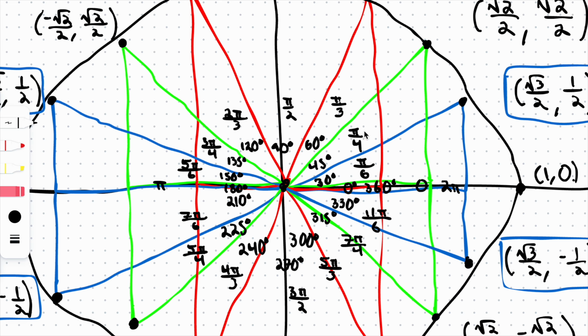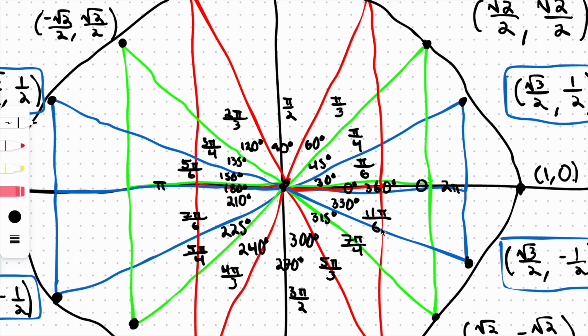But in this first quadrant, we have denominators of 6, 4, and 3. And we have 6, 4, 3, 6, 4, 3, 6, 4, 3. So you can remember that these inside angles are going to all have denominators of 6. These ones are going to have denominators of 3.